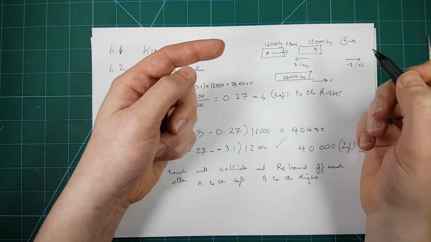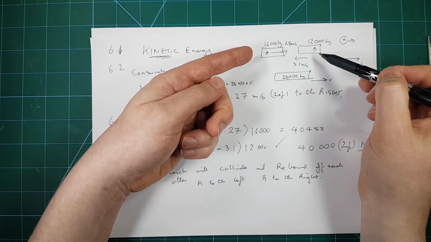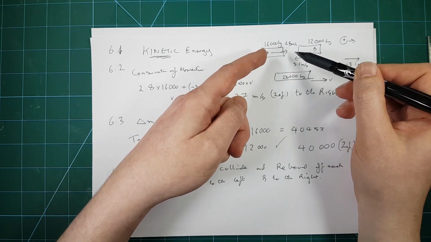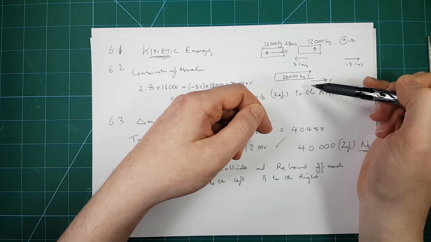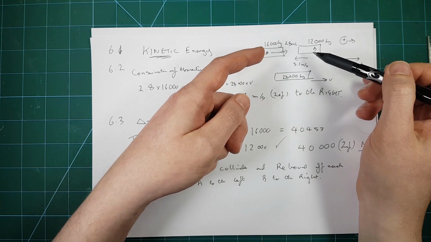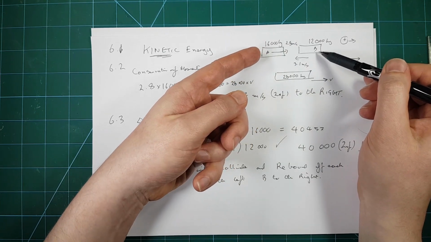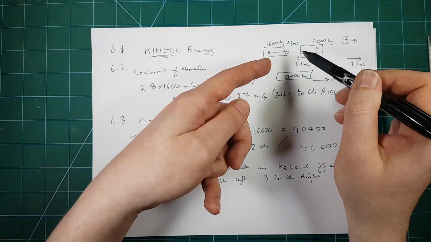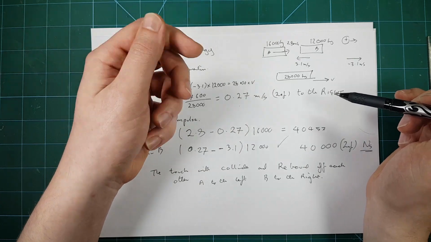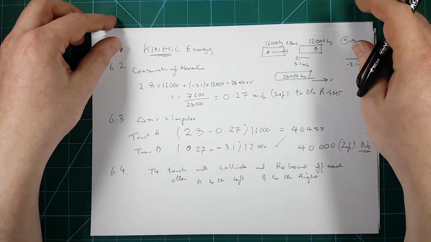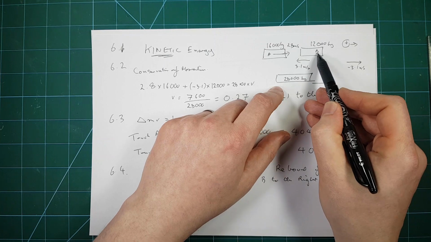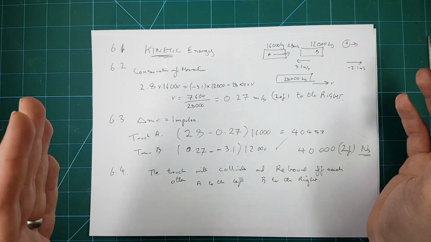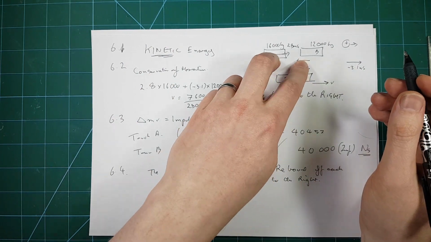Now the only thing that you do know in a completely elastic collision is that the difference in the speeds before must equal the same as the difference in the speeds afterwards. Now if they are exact same mass, then they would come in and they would exactly exchange their momentum. But that doesn't happen here, although the mark scheme would allow you to say that if you said that the momentum of B is transferred to A and the momentum of A is transferred to B, the mark scheme on the paper says that that's okay, but it's not true.